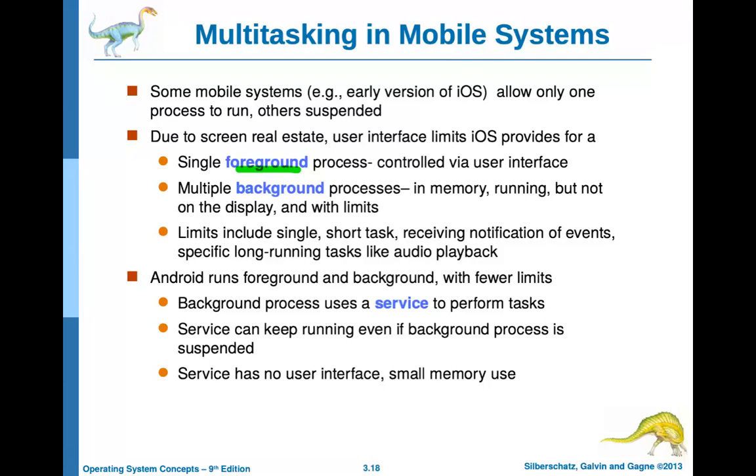So background processes are also there in memory. They are also running, but not on the display, so I am not actually interacting with them. So foreground process and background process. These two types of processes are later supported by the iOS operating system.